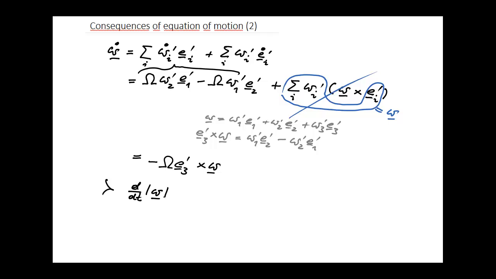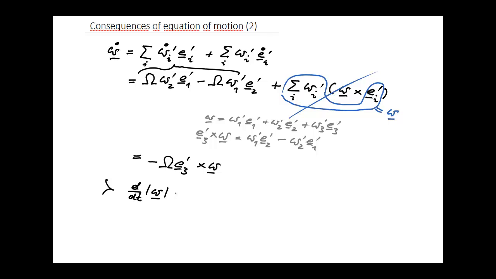The derivative of that is 1 over 2 times the square root, and then you have the time derivative of omega scalar product omega. This gives omega dot times omega plus omega scalar product omega dot. So together it's 2 times omega dot omega.